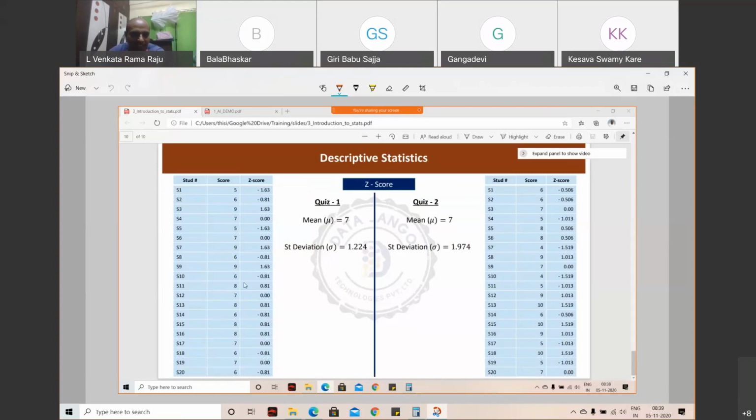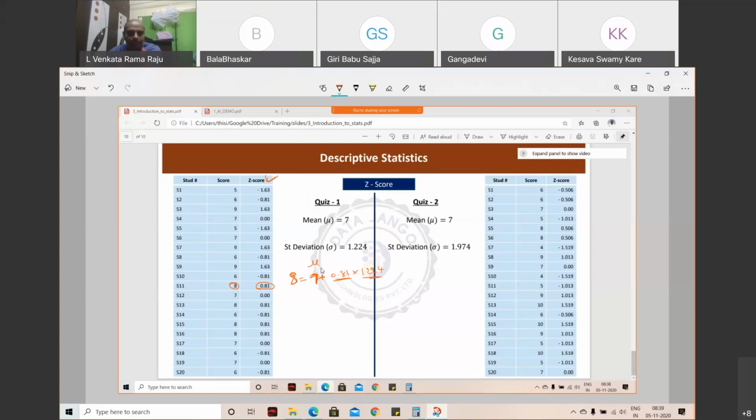So this 8 I want to understand. I got a score here, 0.81. What is this score? You call this Z-score. What it is trying to say is 8 is equal to 7 plus 0.81 into the standard deviation. So this 8 is 0.81 standard deviations from 7. What is 7?